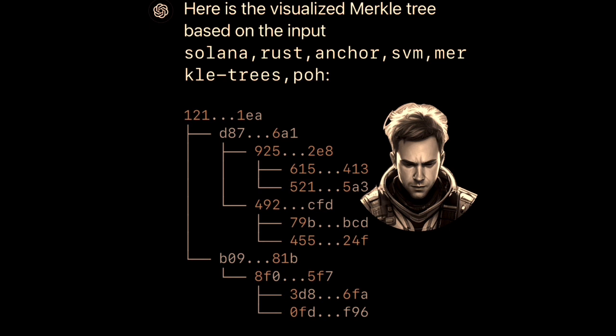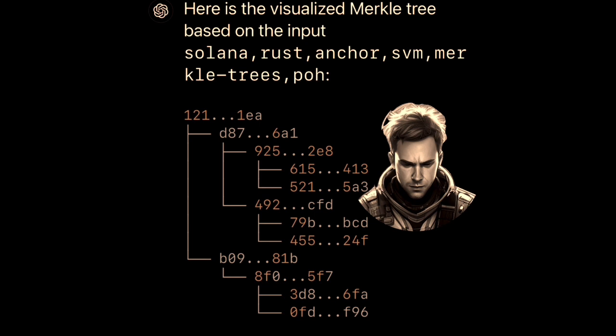The grandparent hashes are D87, B09, and those grandparents merge into this great parent. We call it 1-to-1 1EA, all the way at the top on the upper left hand side. Now that is called the Merkle root hash.